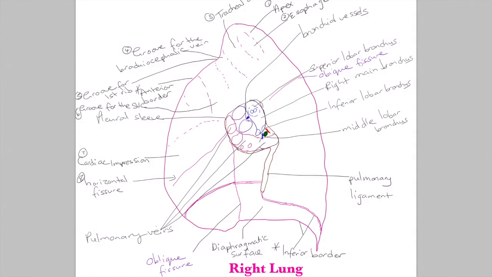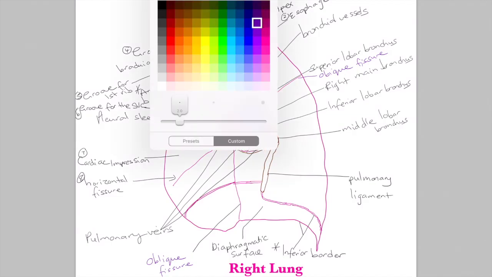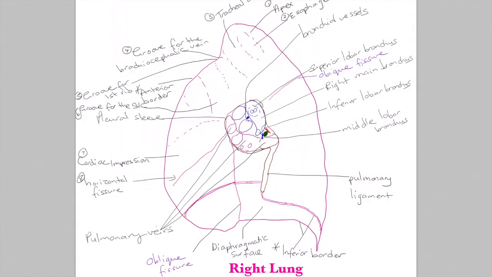You know, in real life, it's easier to see probably, because here we had it here and here. Okay, and I want to highlight that there is a posterior border.